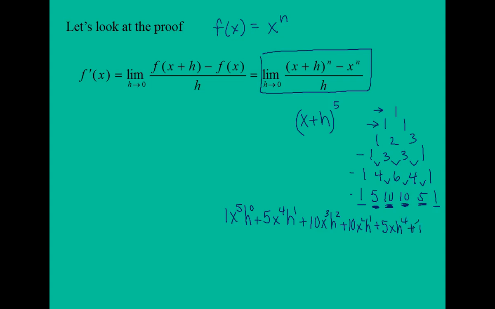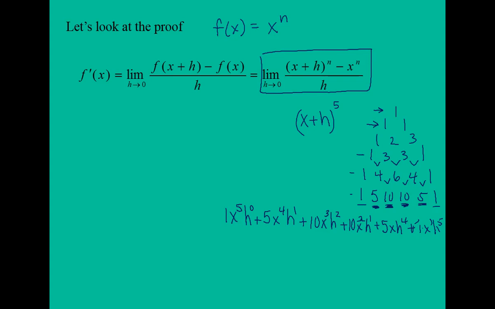Now this would be x to the 0, h to the fifth. So that's what we would get if we take x plus h to the fifth and expanded it and then collected all of our like terms. You can see this process very much simplifies expanding a binomial.